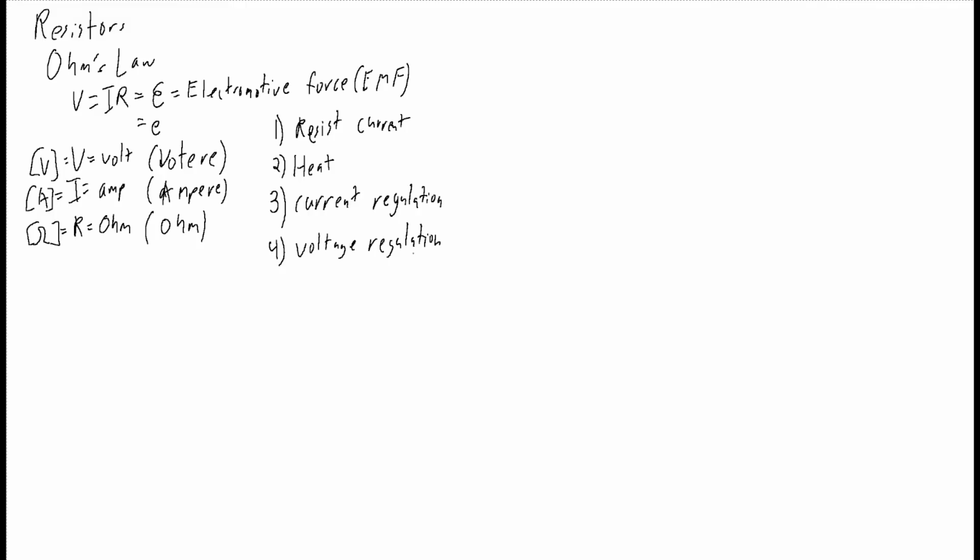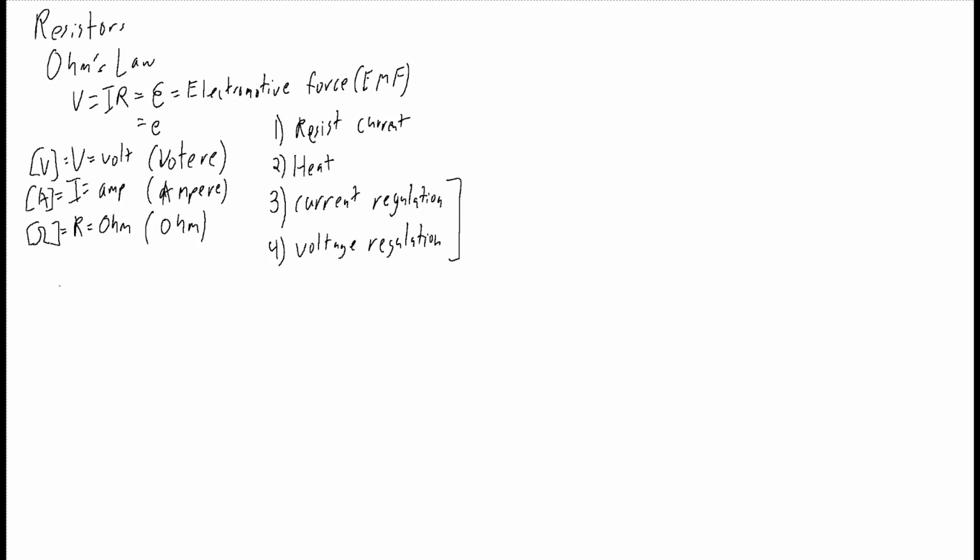I thought I had another use for a resistor. I think that's it for what we got for resistors. Those are the 4 uses for a resistor. Most of them are going to be regulating current and regulating voltage. Those are reasonably good uses for a resistor. Using resistors to make resistance is not great.